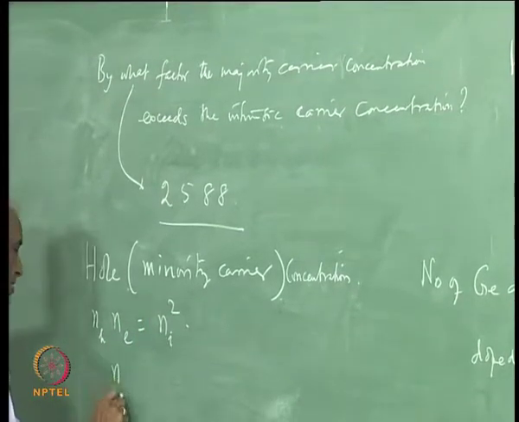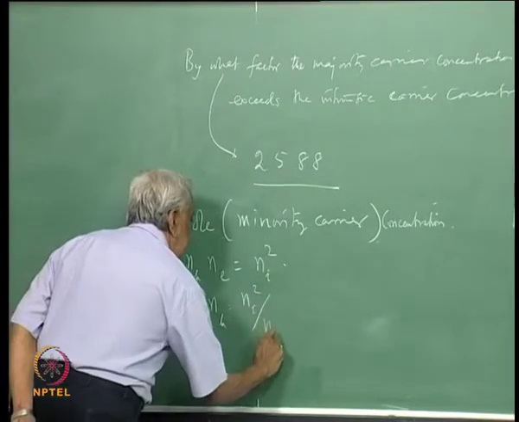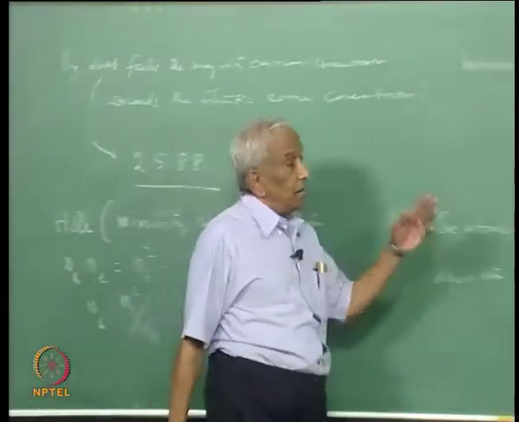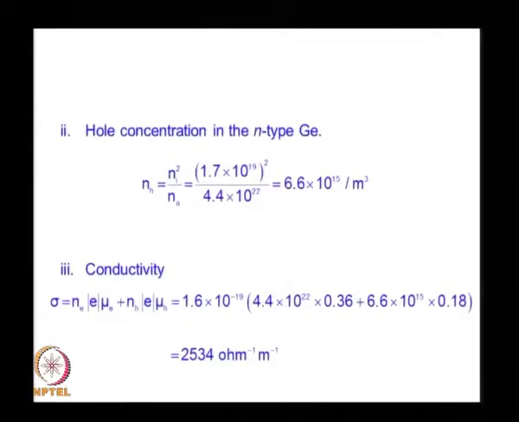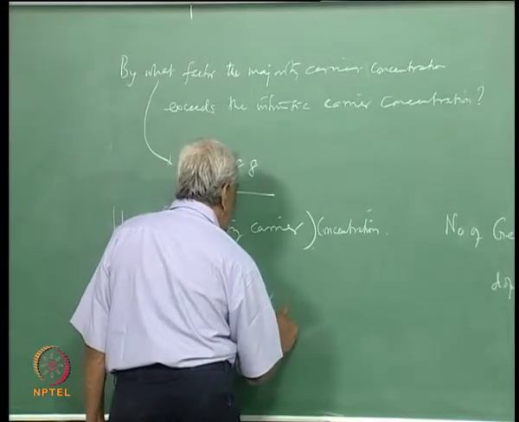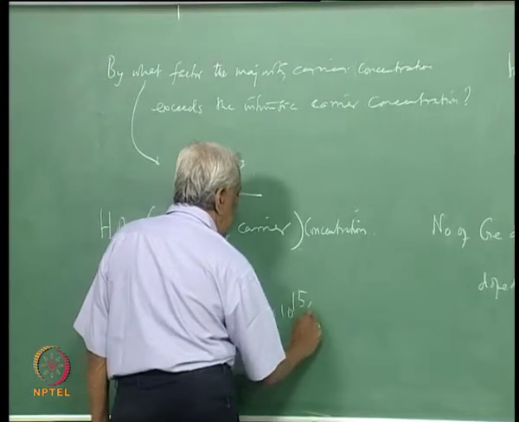So, we know NH is Ni square by Ne. Substituting Ni and Ne, we get the value of NH as 6.6 into 10 to the power 15 per meter cube.